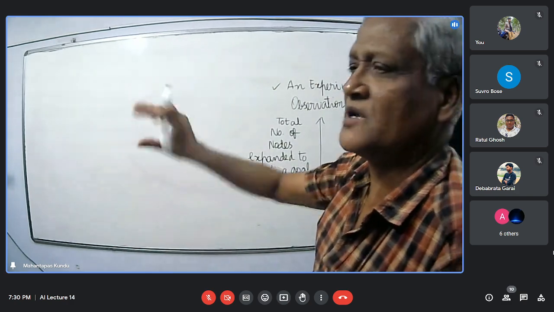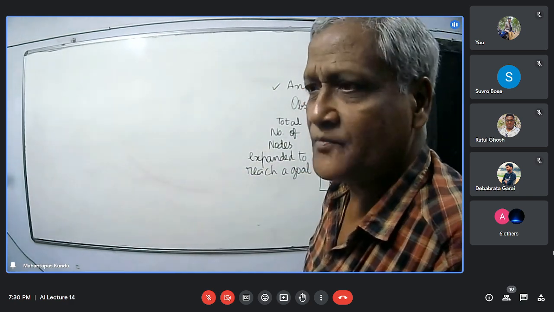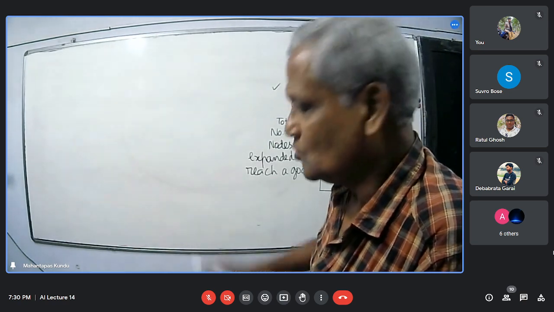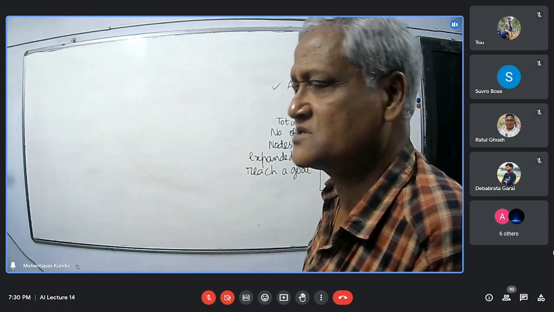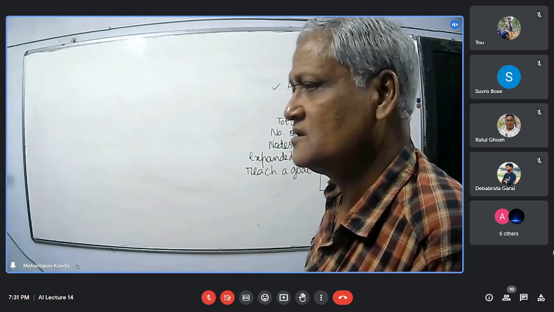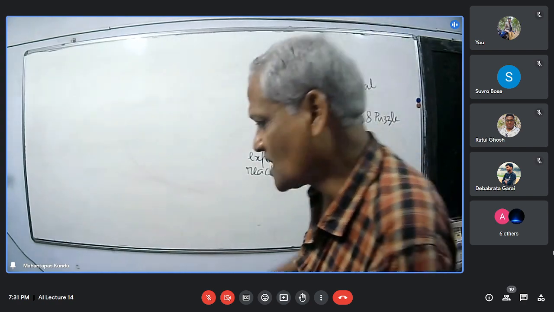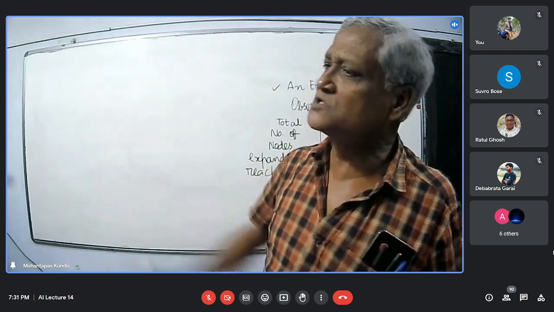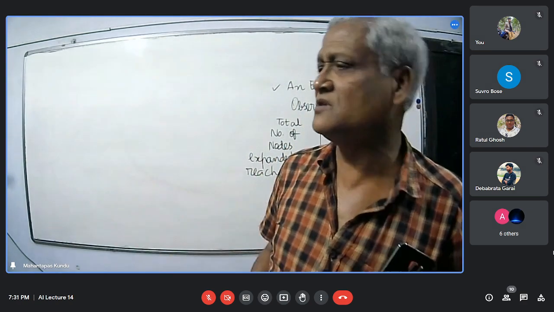The length of the solution path, or the length of the sequence of rules which should be applied on a specific instance of a start state to produce a goal state, is not the same for all problems. For some problems, the length of the rule sequence will be longer. For some problems, it will be smaller.